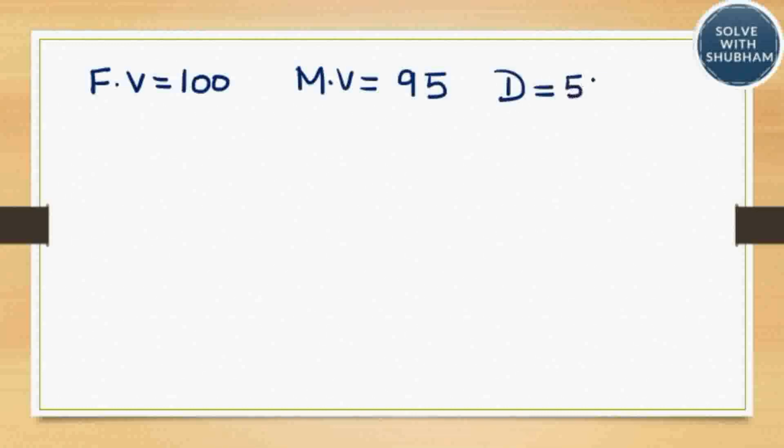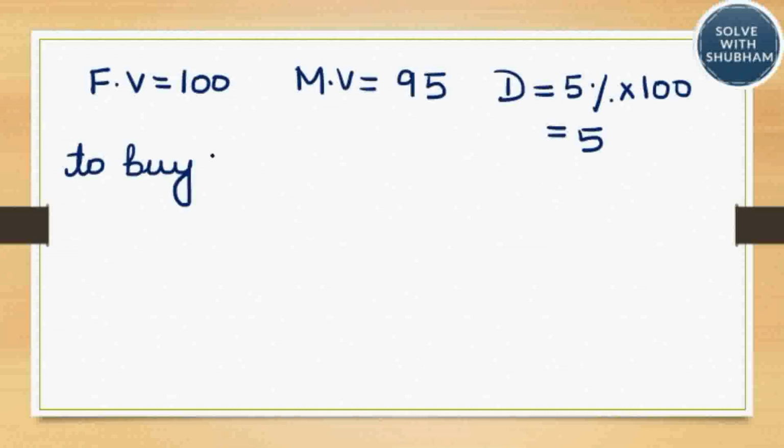So let us try calculating here. This statement would mean your face value would be 100, your market value is 95. Now we know dividend is always given on the face value. So your dividend would be 5 rupees. So what does it mean?